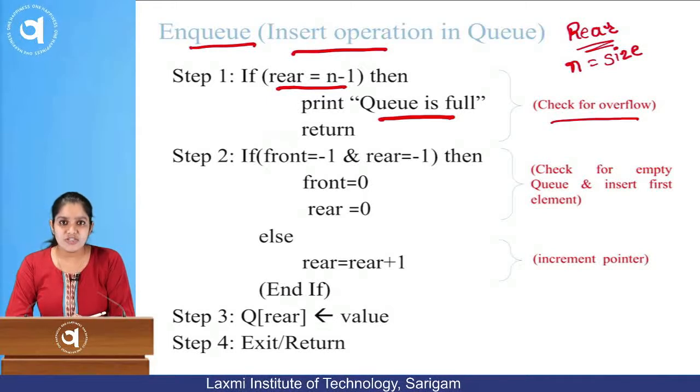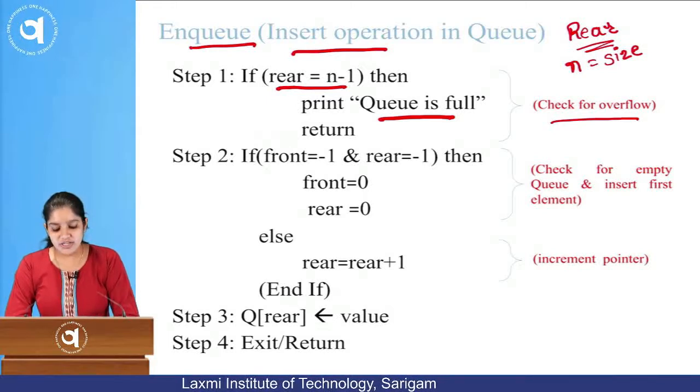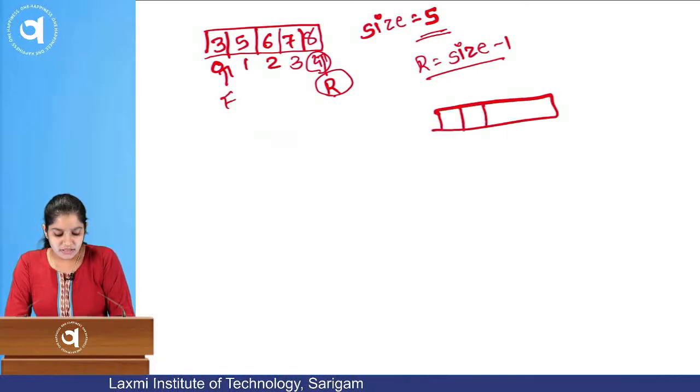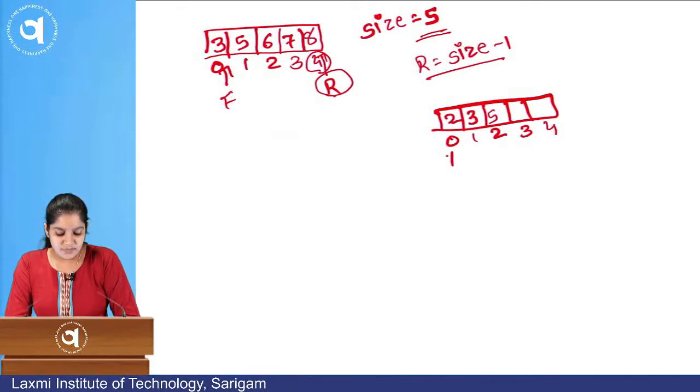Then the second situation, that means the initial condition. Simply, if we have 0, 1, 2, 3 and 4, right, and we have some data, this is my front and this is my rear, right.